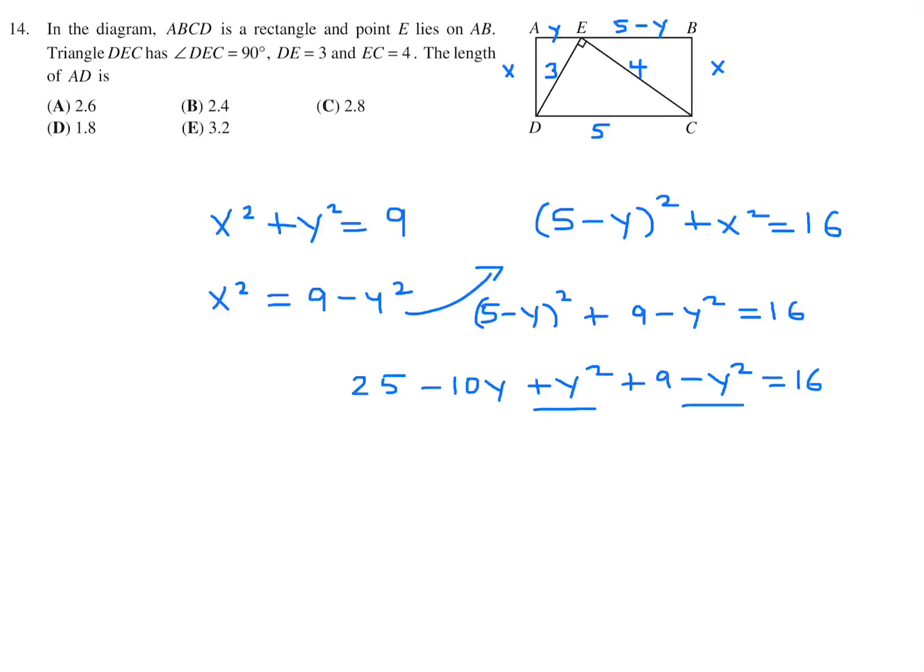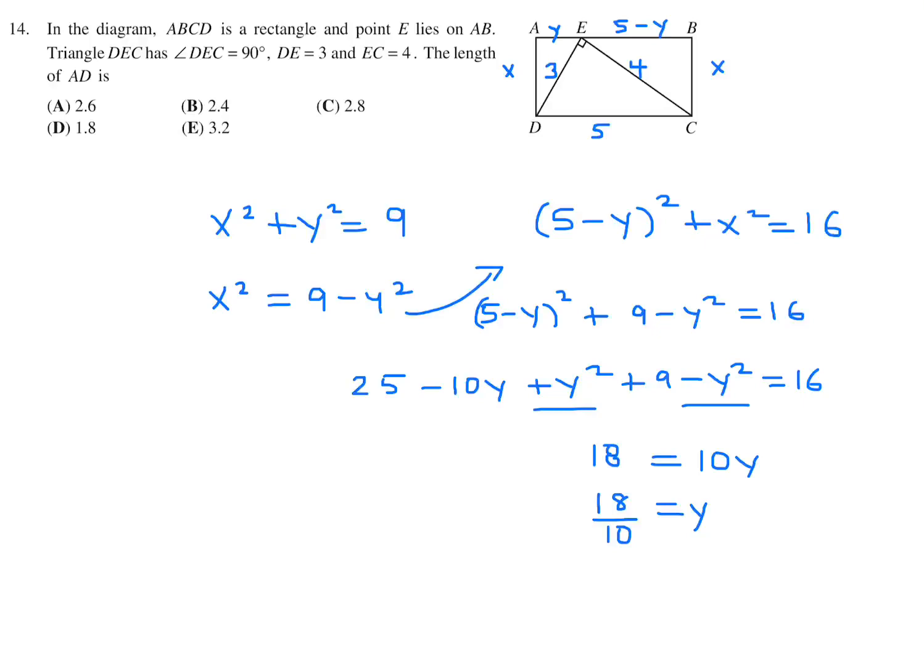The y squareds cancel, and collecting like terms, I put the 10y on one side. 25 plus 9 is 34. 34 minus 16 is 18. So therefore y is equal to 18 over 10.